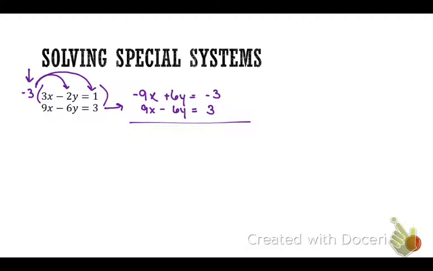So my goal was for my x's to cancel. But what happens when I try to combine my y's? My y's cancel. What happens when I try to combine my 3's? They also cancel. Is this a true statement? Does 0 equal 0? It's infinite.